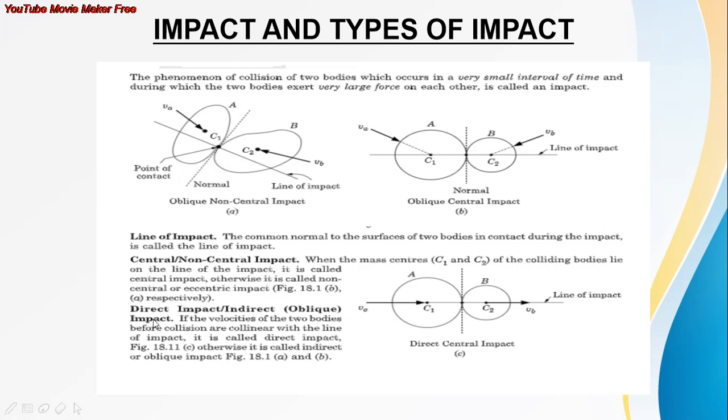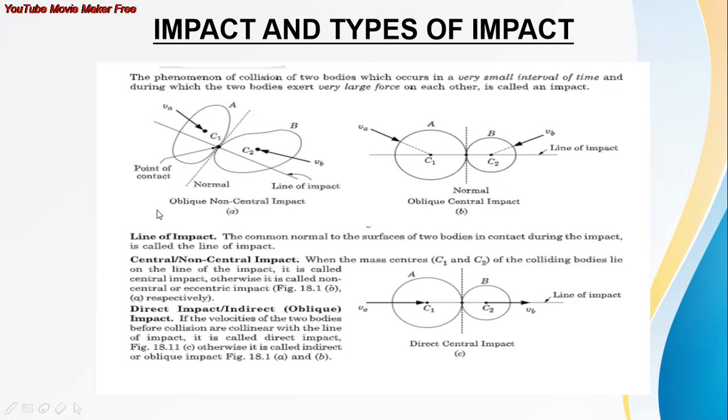Another way of deciding the type of impact is direct impact or indirect impact. Here it is given: if the velocities of the two bodies before collision are collinear with the line of impact, it is called direct impact. Otherwise, it is called indirect or oblique impact.